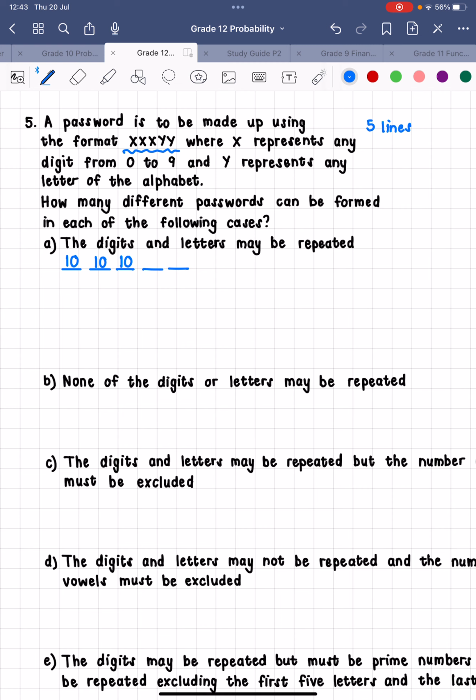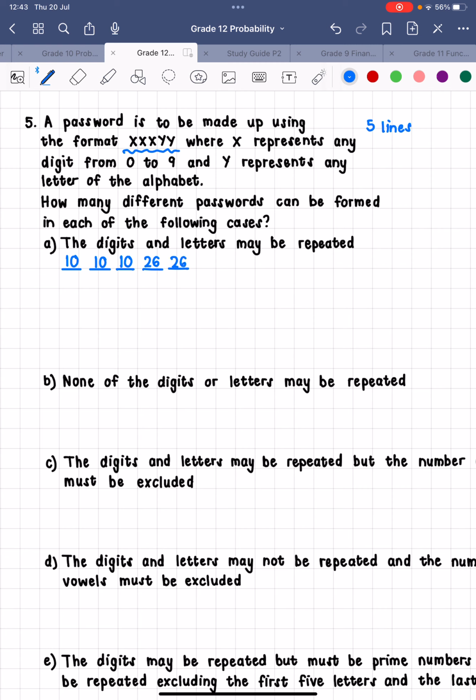And now for YY, the last 2 digits of this password, those have to be letters of the alphabet, which is 26. And then the next one, they can be repeated, so again 26 options.